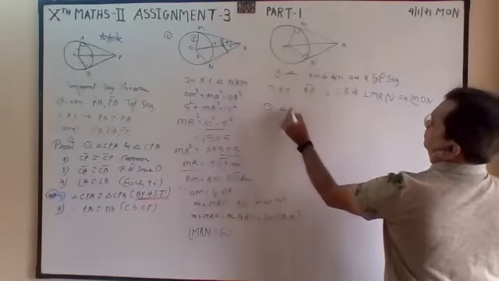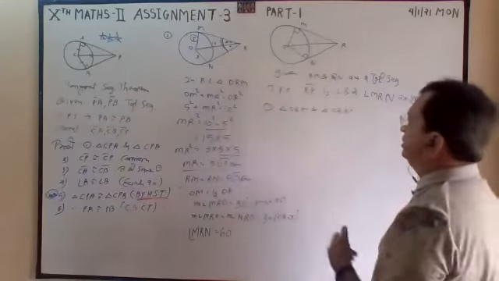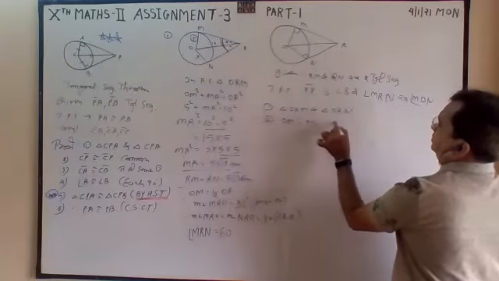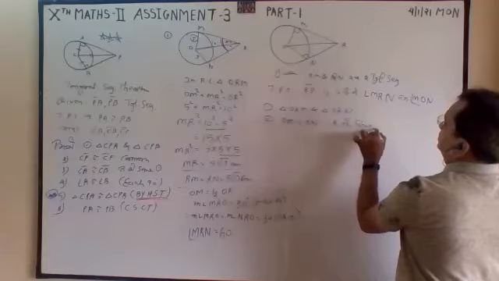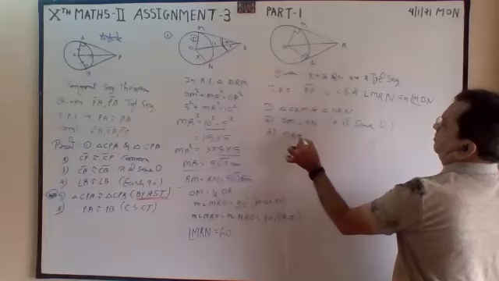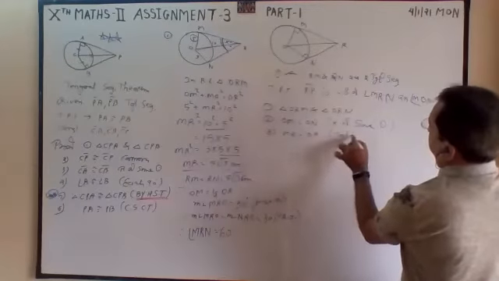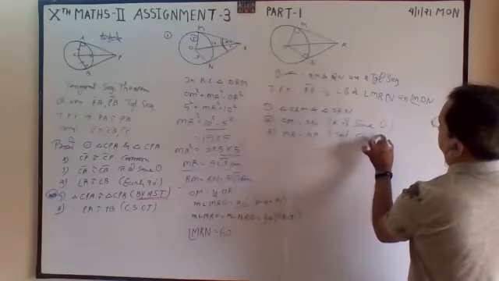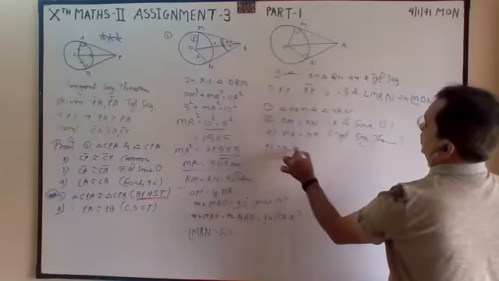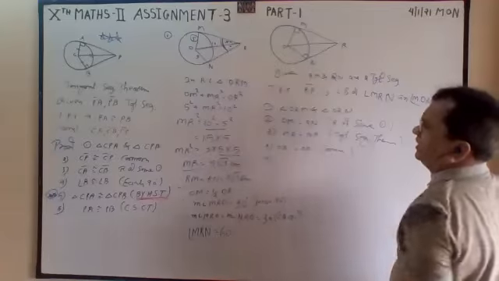In triangle ORM and triangle ORN, OM is equal to ON, radii of same circle. MR is equal to NR, tangent segment theorem. OR is equal to OR. Here you can write SSS.